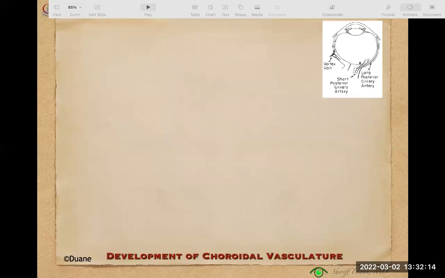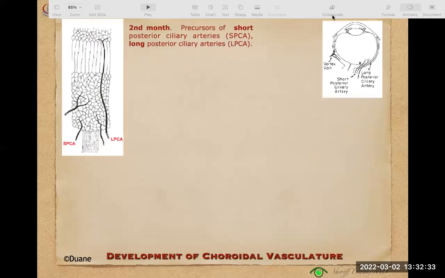Now, the development of choroidal vasculature. We all know that the vortex veins drain the eye, the choroid, namely, which is the most vascular part of the globe. And we have the short posterior ciliary arteries and the long posterior ciliary arteries. At 2 months of development, precursors of the short posterior ciliary arteries, SPCA, and the long posterior ciliary arteries develop.